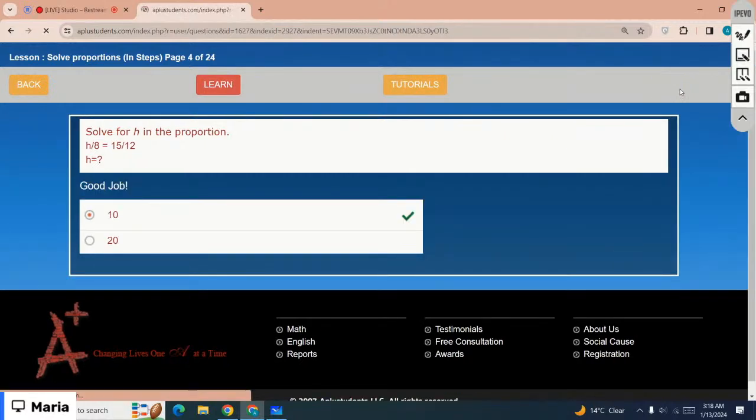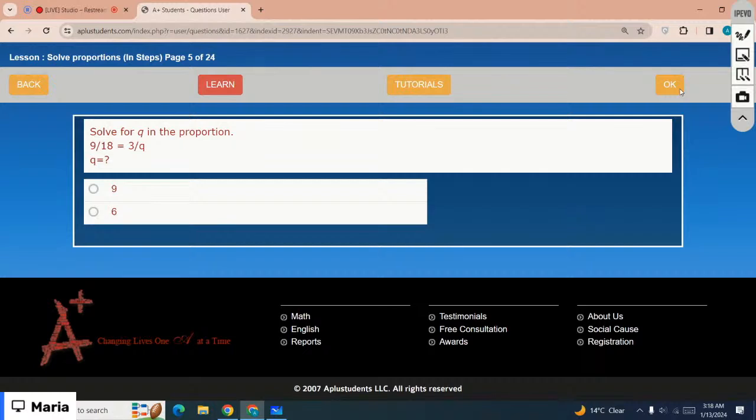Okay, the next one is solve for Q in the proportion. You need to solve this proportion for Q. So, which is the correct option?